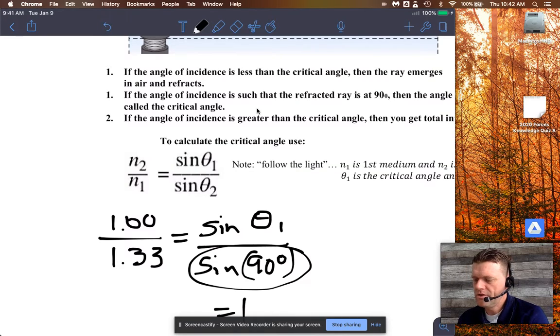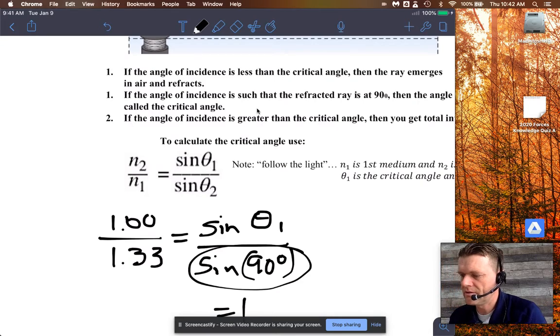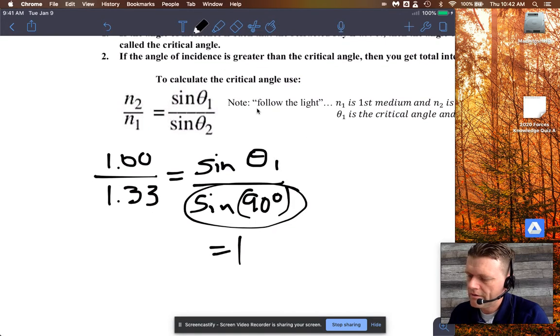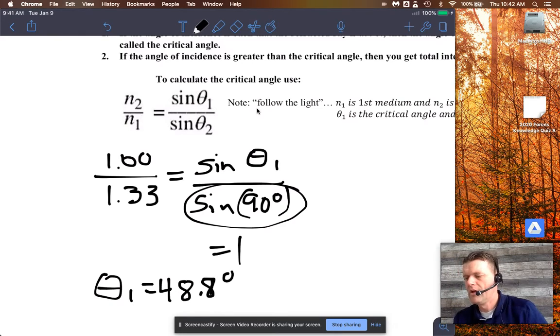So then we go 1 divided by 1.33, and then we take the inverse sine of that. We end up with theta 1 equal to 48.8, if we go to 3 significant digits.